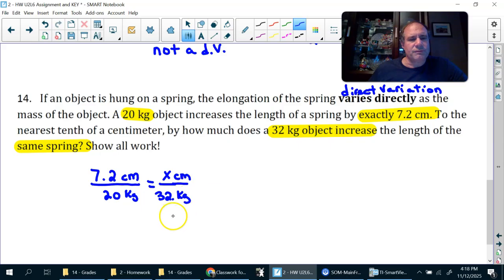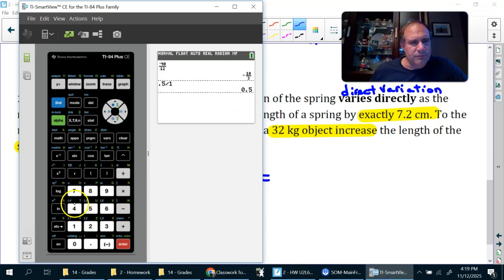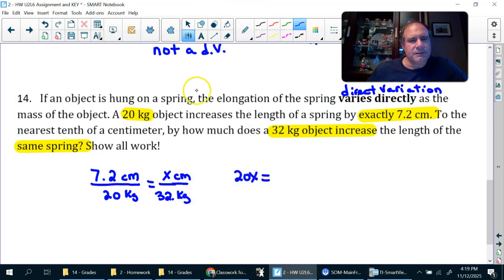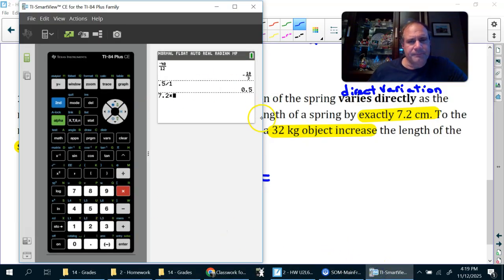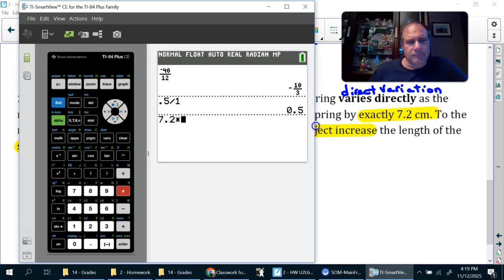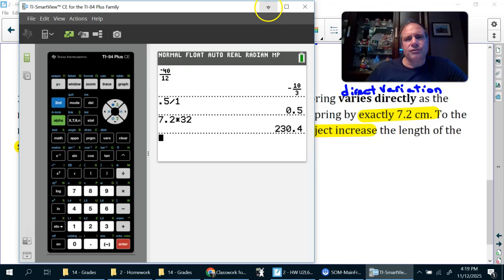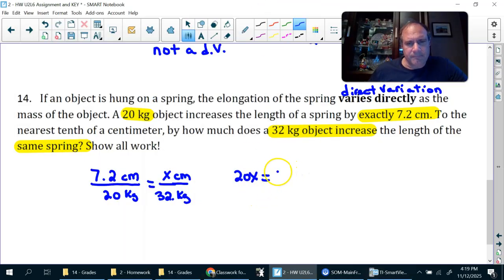Now when I cross multiply, I get 20x equals, and I'm going to bring up my calculator, 7.2 times 32. Yep. And I get 230.4.